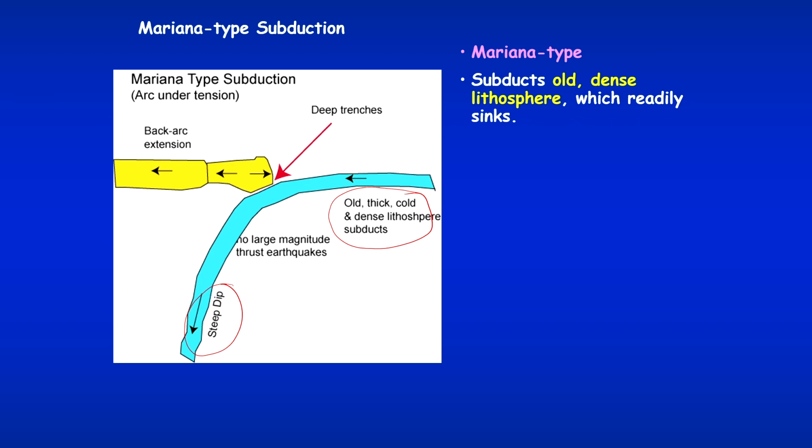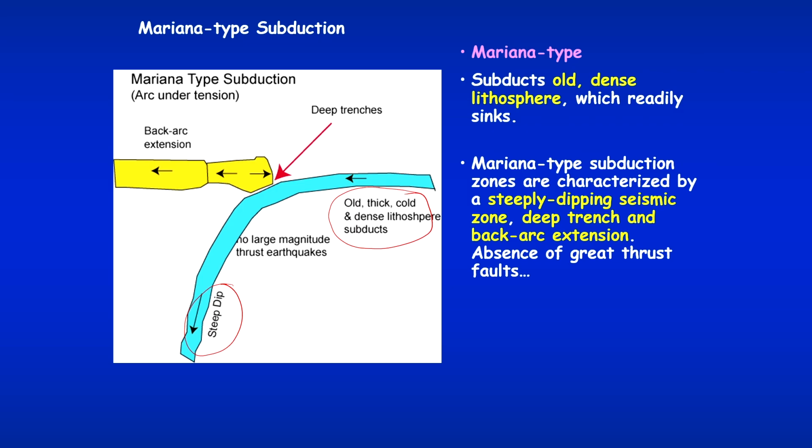They subduct old dense lithosphere which readily sinks because of its weight and density. And Mariana type subduction zones are characterized by steeply dipping seismic zones, deep trenches, and that is because of the rollback also, and absence of what we can say the great thrust earthquakes.